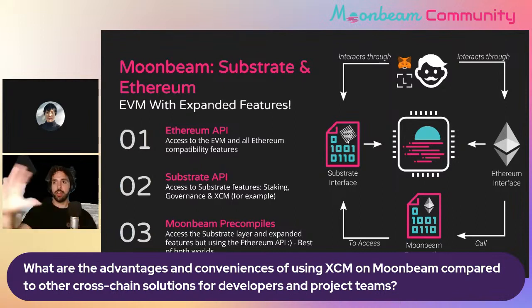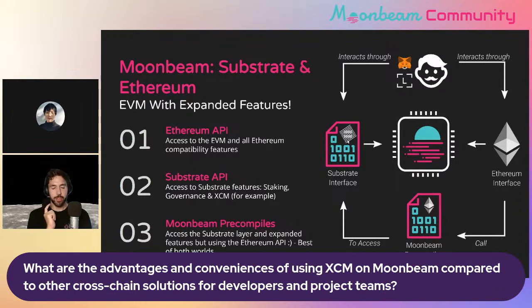You just connect your wallet to Moonbeam, open the application, sign with your Ledger or Trezor or MetaMask or whatever, and then you would actually be staking DOT, which, if you've ever tried to stake DOT, is somewhat complicated, right? So this is one of the connected contracts examples that I like to give because it provided a much better user experience, and you were using XCM on Moonbeam through these precompiles.